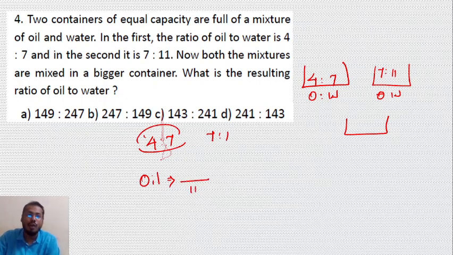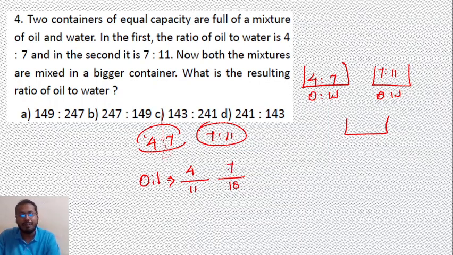Out of 11, how much is oil? 4 parts is oil. And look at this, 7 plus 11 is 18 parts. Out of 18, oil is 7 parts. Likewise, I'm going to write water also. Out of 11 parts, water is 7 parts, and out of 18 parts, water is 11 parts.